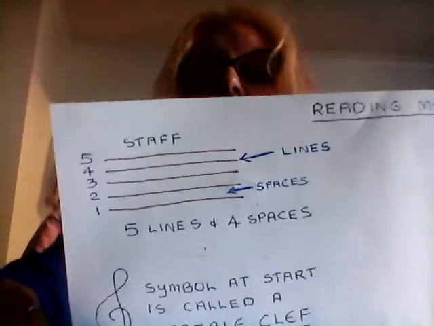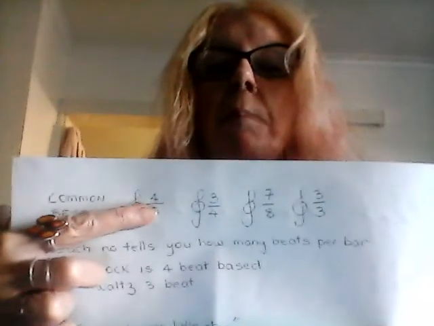So your sheet of music comes in 5 lines with a treble clef. Oh, what I haven't shown you is beats. I'm sorry about that. So that's here. When you have your 5 lines and your treble clef, you'll normally have a number beside it.